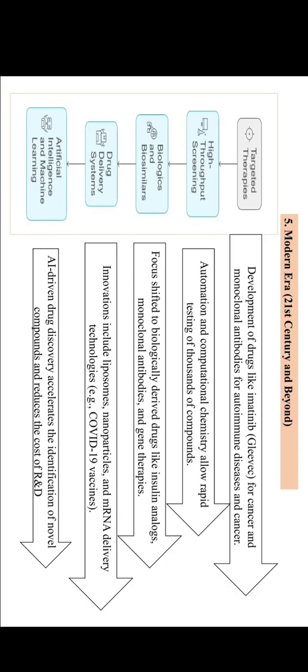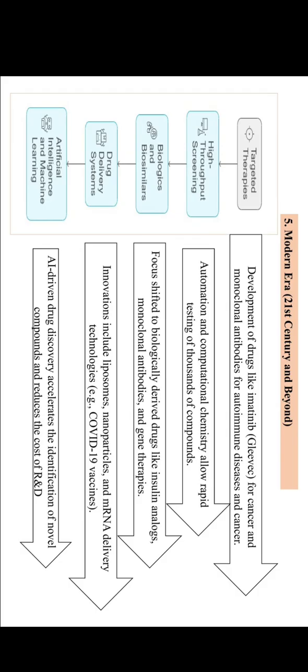Modern era, 21st century and beyond. Development of drugs like imatinib for cancer and monoclonal antibodies for autoimmune disease and cancer. Automation and computational chemistry allow rapid testing of thousands of compounds.